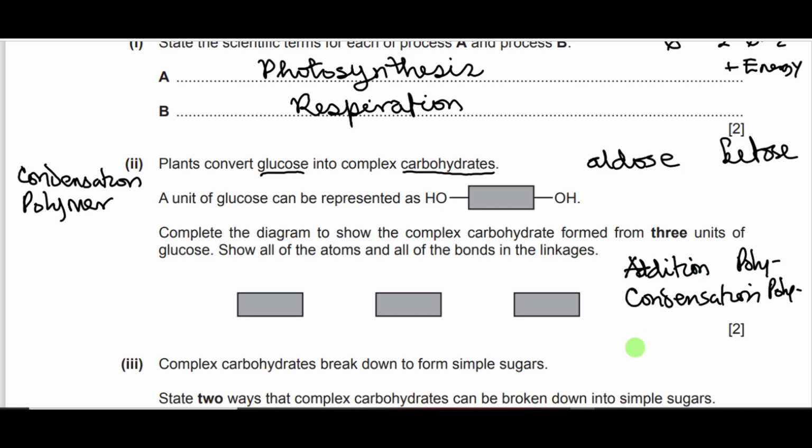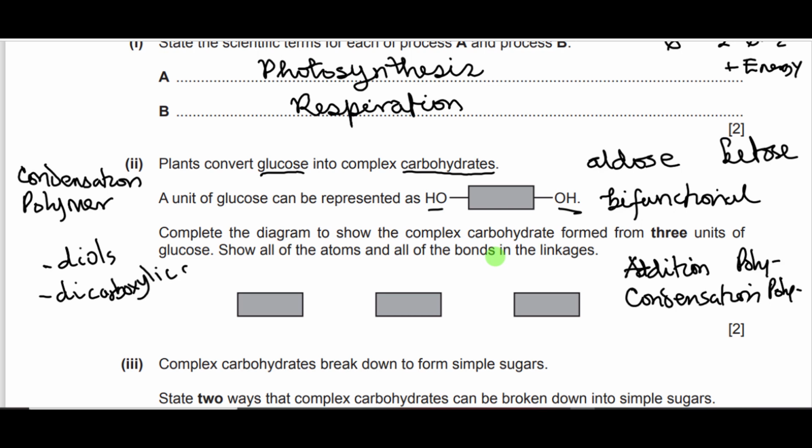Now, condensation polymerization occurs in molecules that have 2 functional groups, like this and this. You say they are bifunctional. Molecules that are bifunctional are like diols, dicarboxylic acids, diamines, etc. All these compounds can undergo condensation polymerization because of their 2 functional groups per molecule.